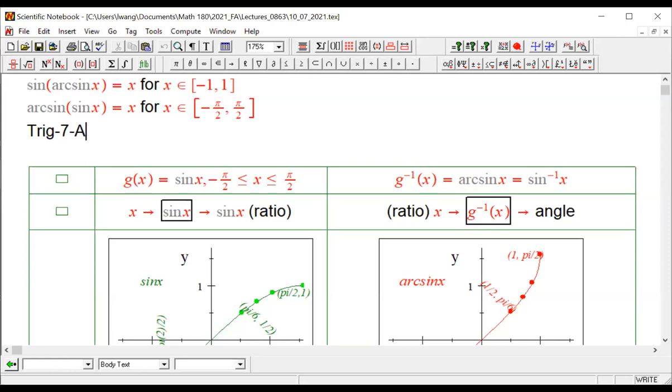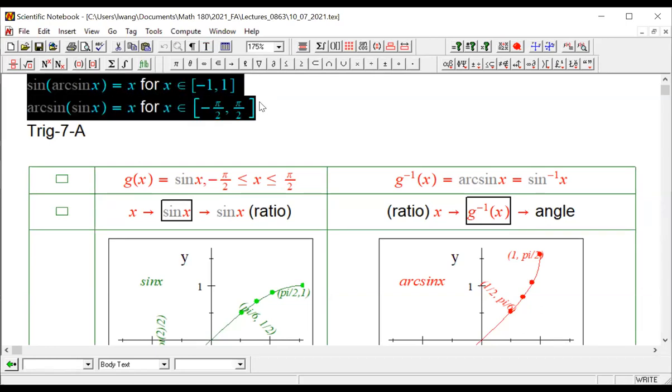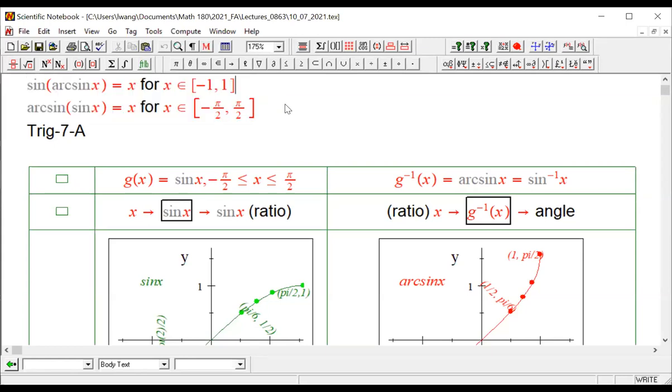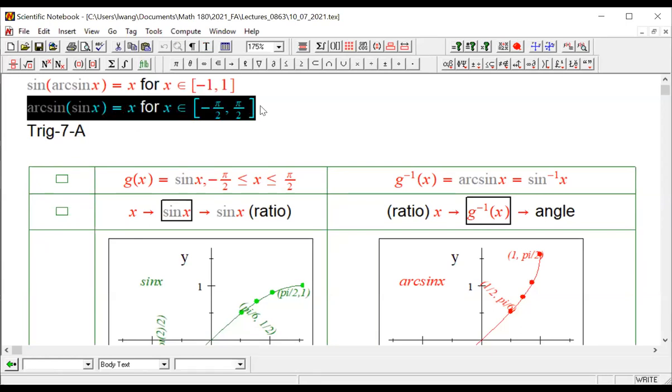That's your homework today. Did you guys find Trig 7A? On Trig 7A, there's an exercise big table and a smaller table on the top. And these two are the first two items on the very top. That's where it came from. Do you follow me?